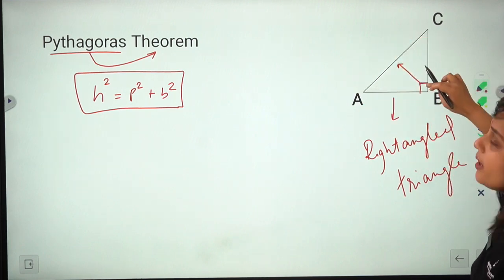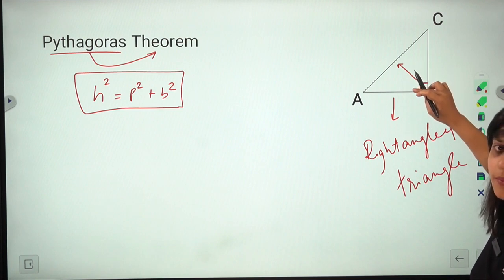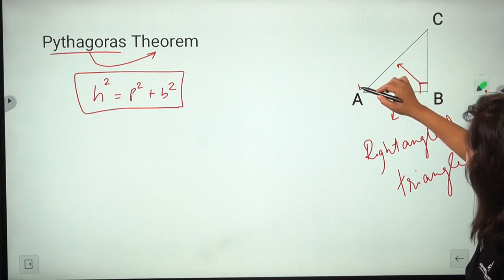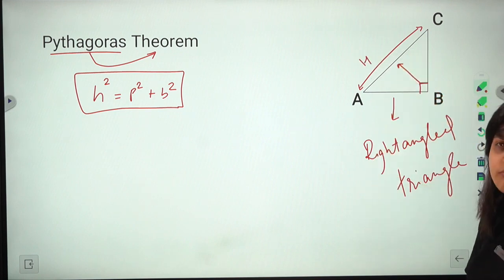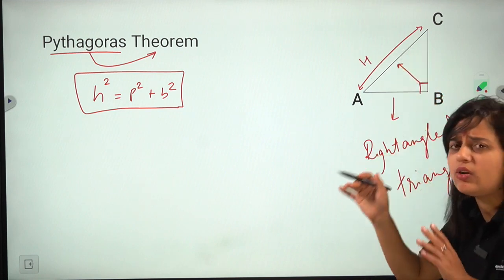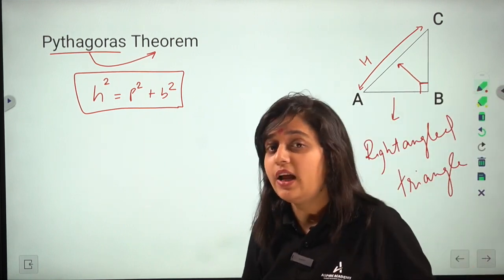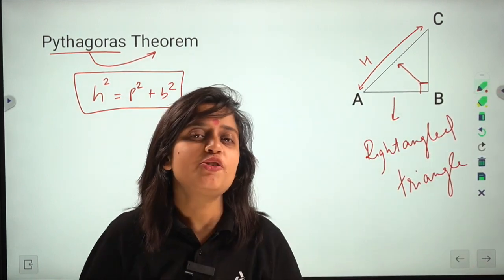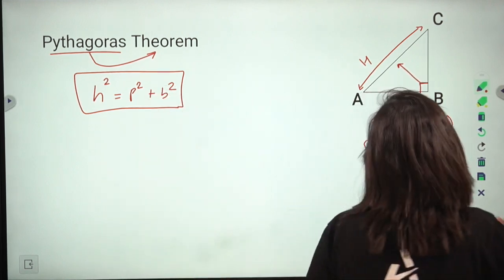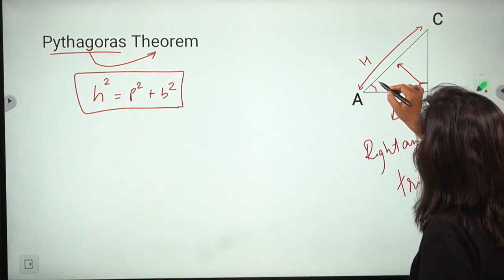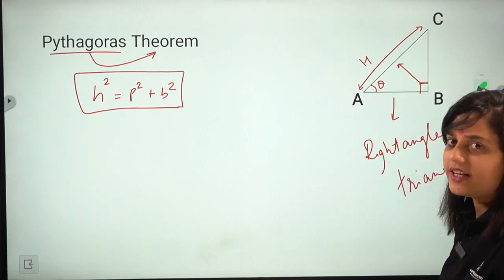Clear? So this is the bigger angle, so the opposite will be the biggest side, that is the hypotenuse. And the remaining one will be perpendicular and another will be base. But let me make it clear, in trigonometry we have to take one angle as a reference angle. Suppose we take this angle as the reference angle theta.